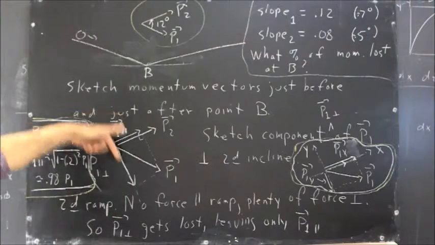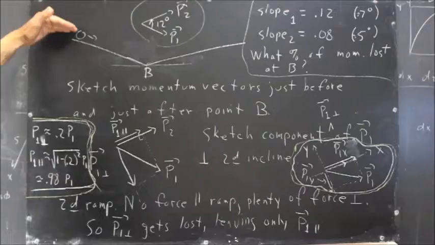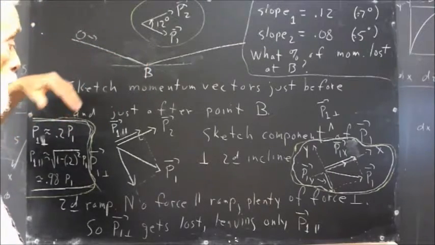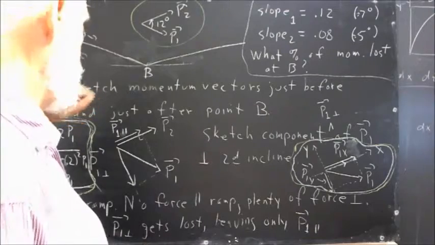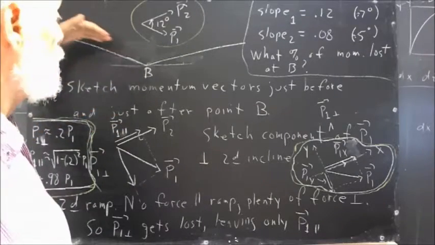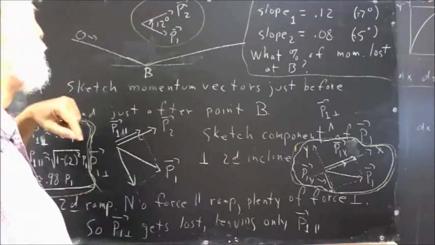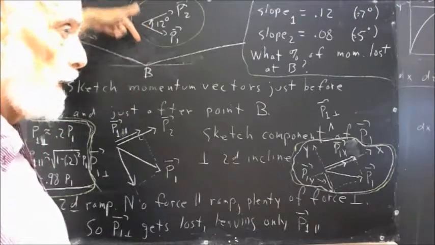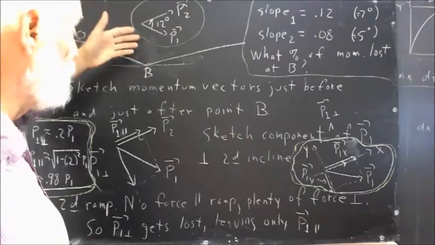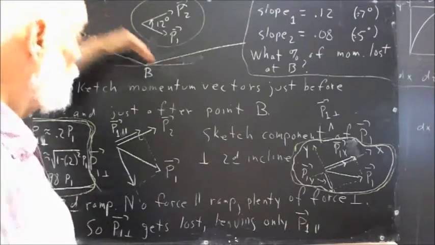Well, the perpendicular component of the P1 momentum, of the ball's momentum before the transition point, is perpendicular to this ramp. Any momentum perpendicular to this ramp is going to be lost when the ball hits the ramp.